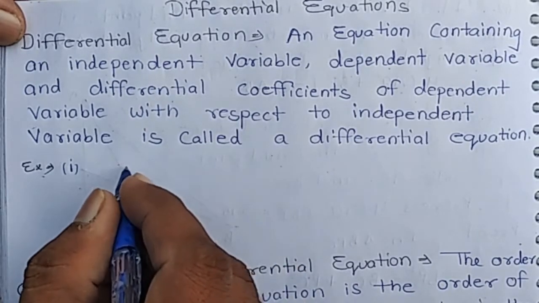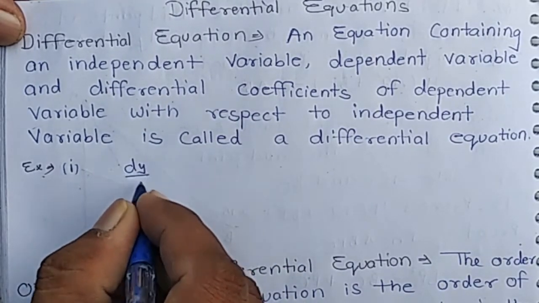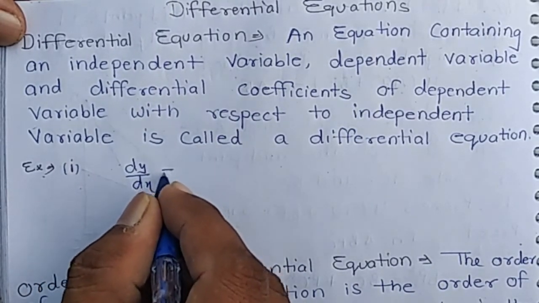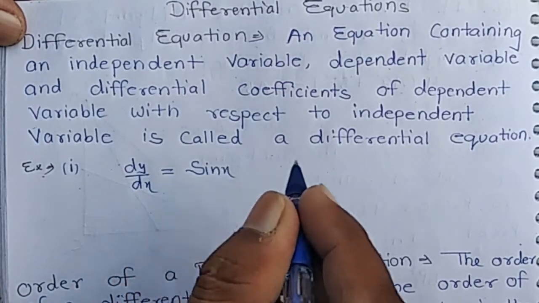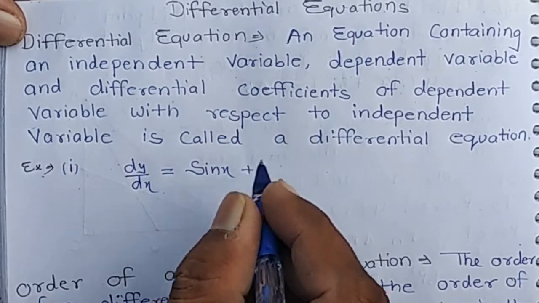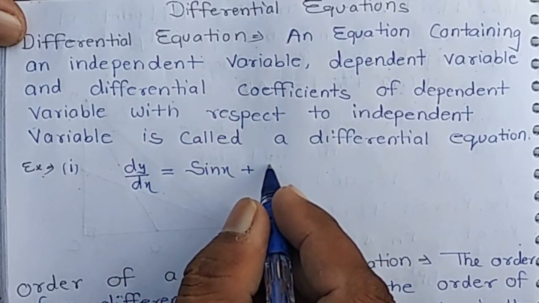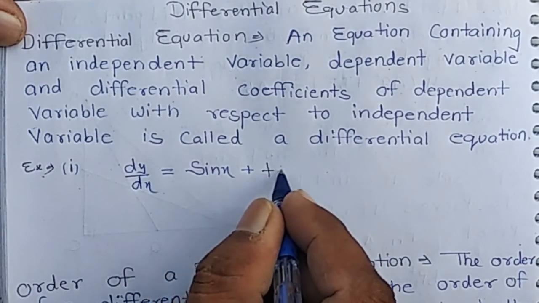Then for example, dy by dx equal sin x plus tan x.